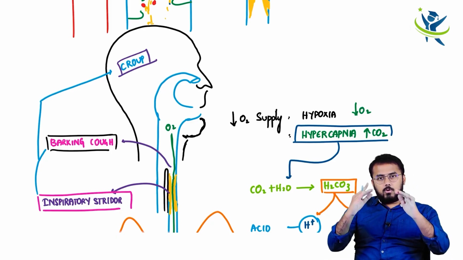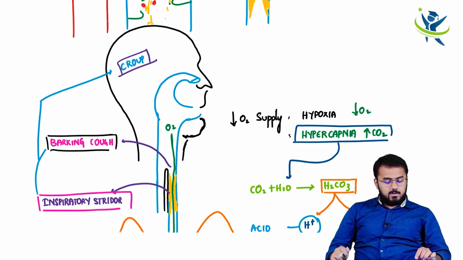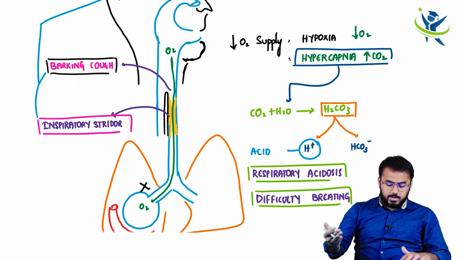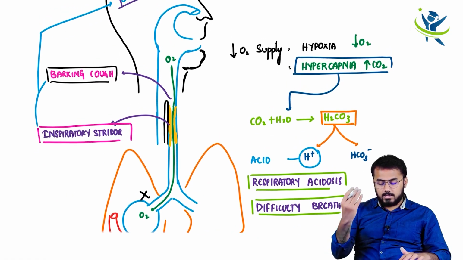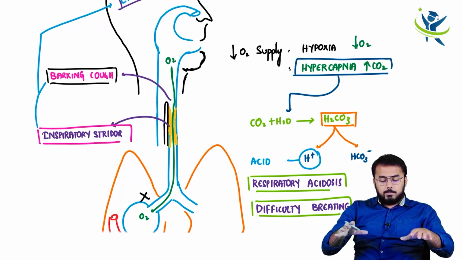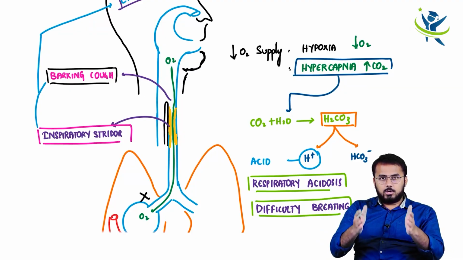So now you understood what all things happen in croup. Why there is barking cough, why there is inspiratory stridor, why there is difficulty breathing, why there is respiratory acidosis. All these complaints are for croup.